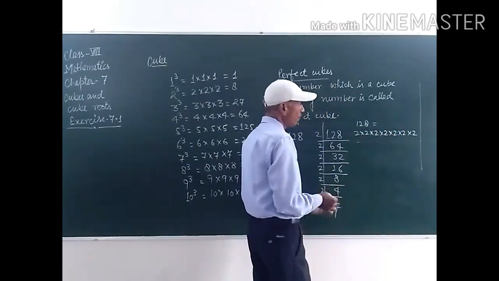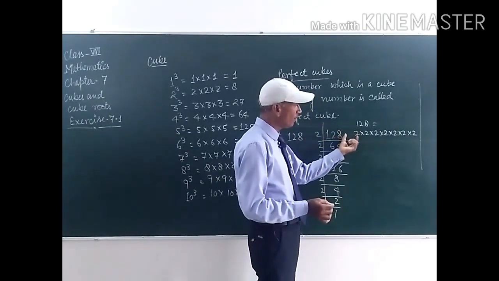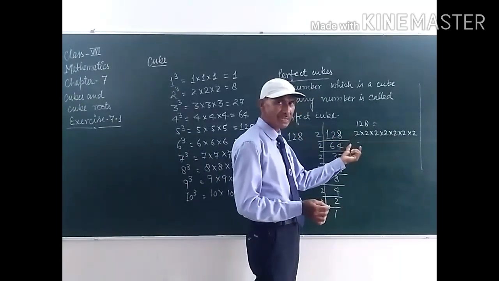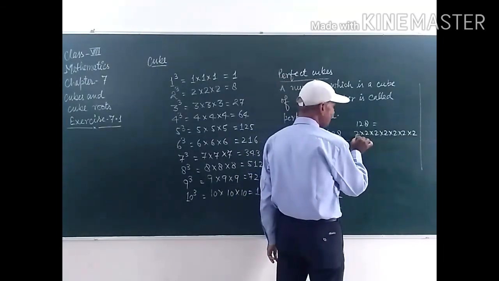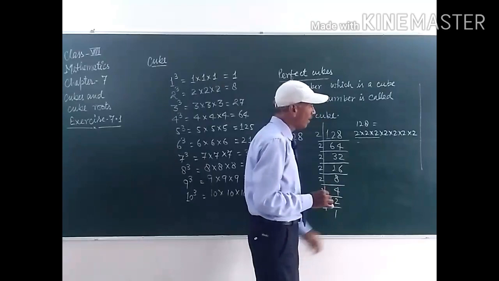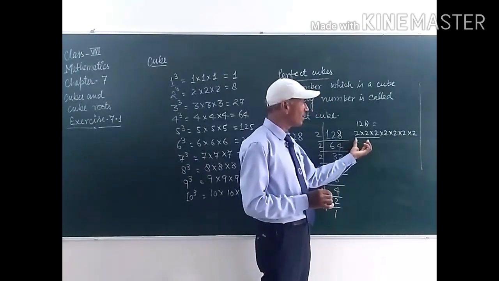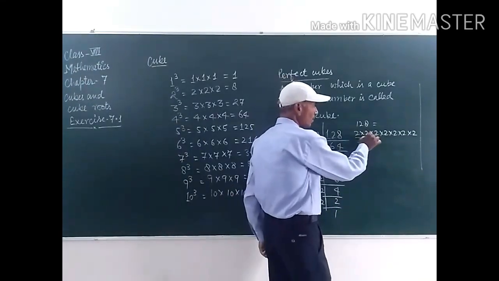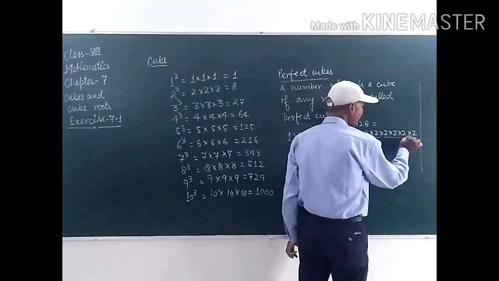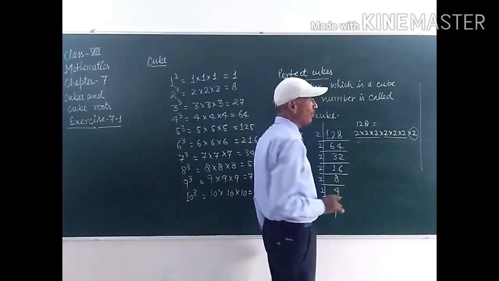So to find out whether the given number is a perfect cube or not, first of all we have to find out the prime factors of the given number. After that we will make these factors in groups of 3, or we will make them in triplets. Clear students? We have to choose the same factors 3 times. So this one first group, second group, and this one 2 is left here student.